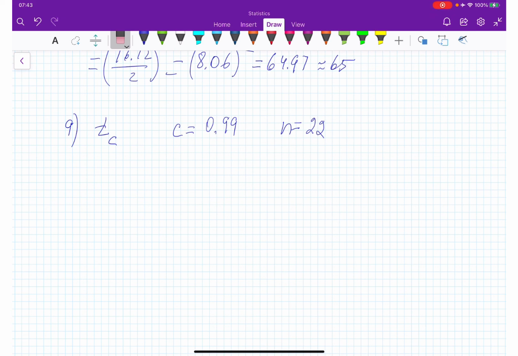Therefore, to find the t-score, on the left side, it's going to be degree of freedom. I'll tell you in a minute.